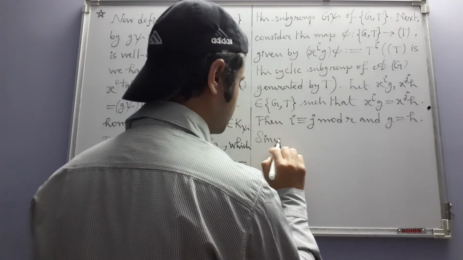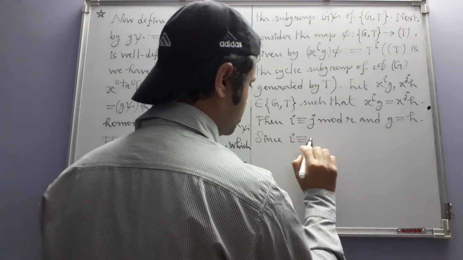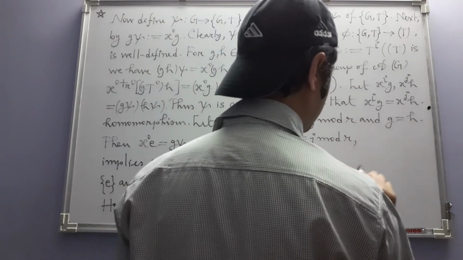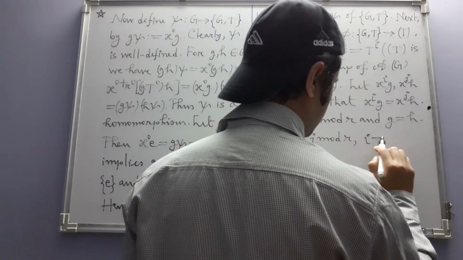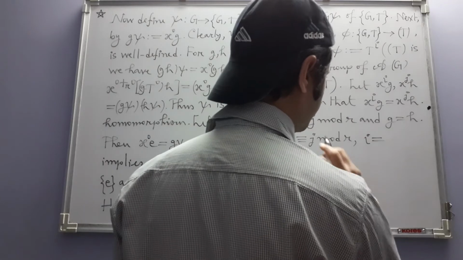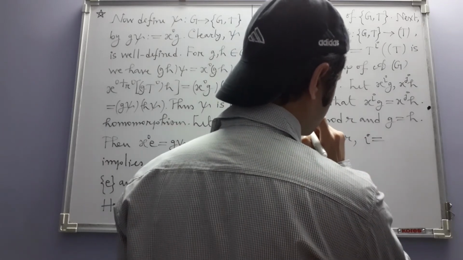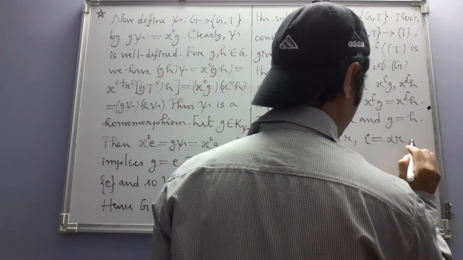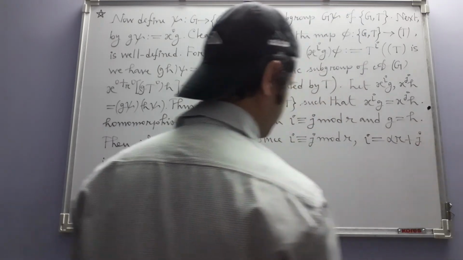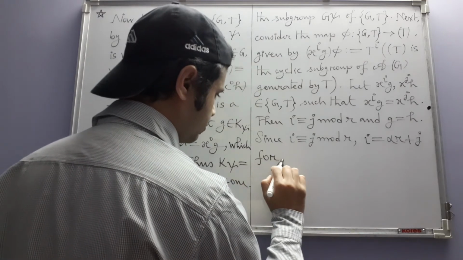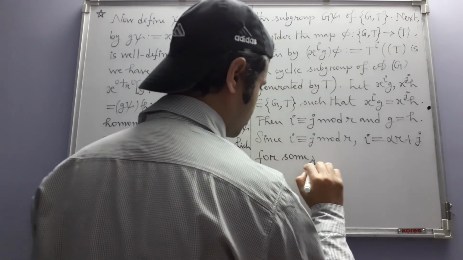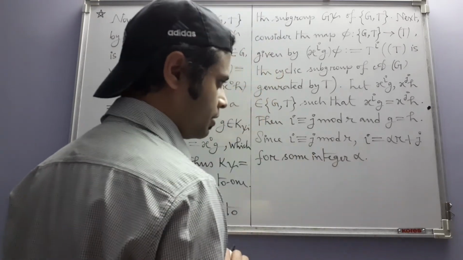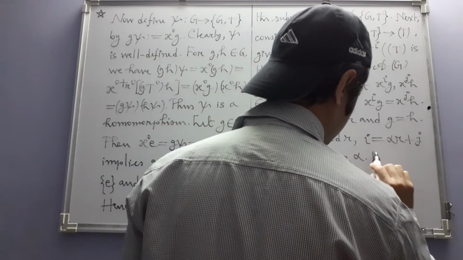Since I is congruent to J mod R, I is equal to alpha R plus J for some integer alpha.